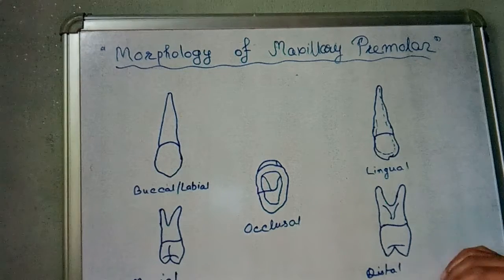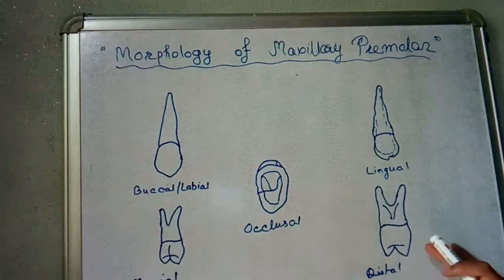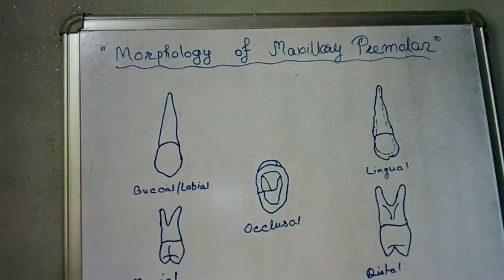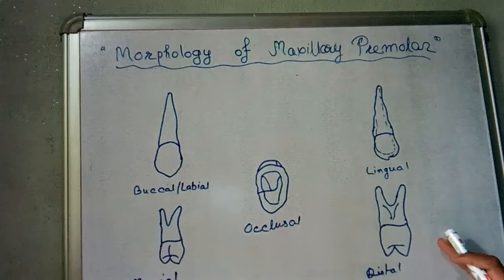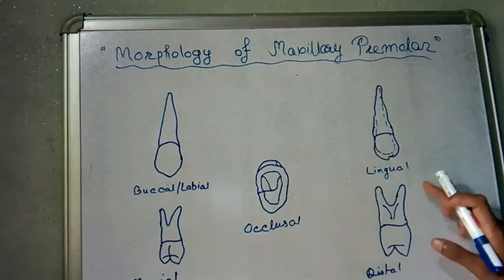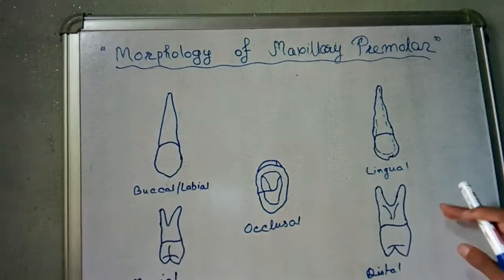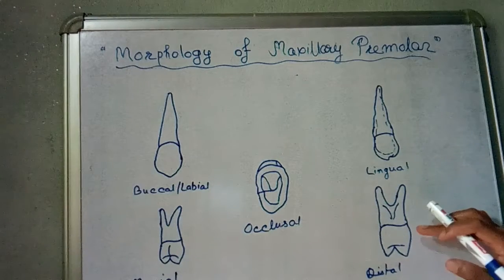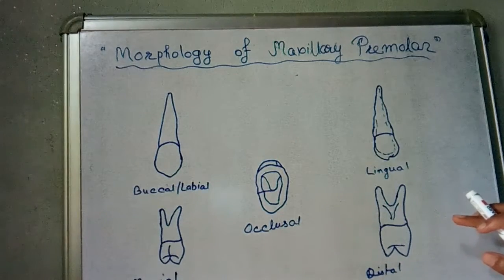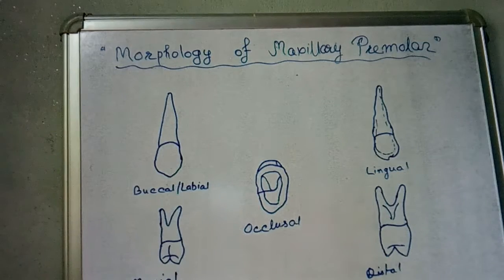The root trunk is flattened on the distal surface, and the bifurcation of the root is near the apical third. So this was the distal aspect, and now the occlusal aspect.